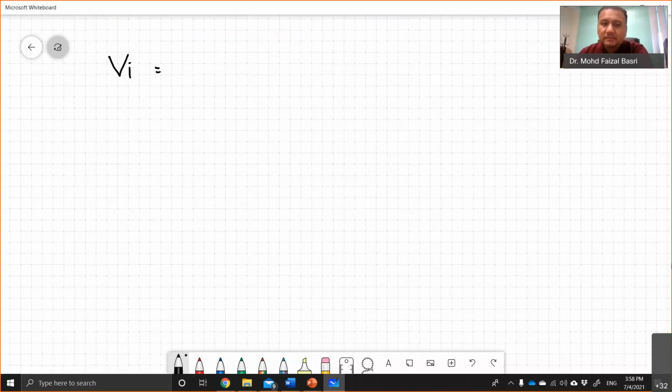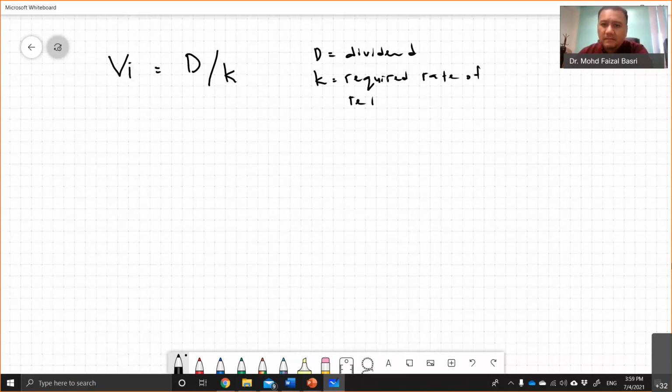The formula is based on dividend. D is dividend, and we divide by K, where K is the required rate of return.